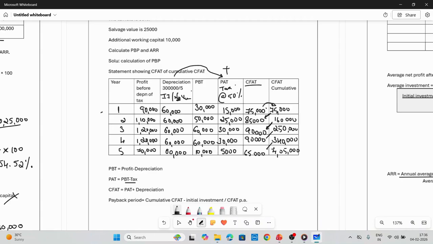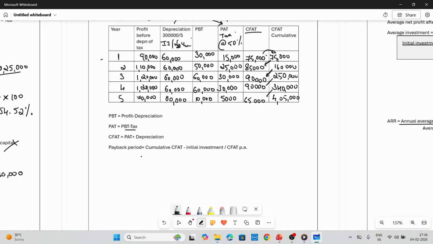Now calculation of payback period. So the formula is cumulative CFAT minus initial investment divided by CFAT. Now let's calculate payback period.